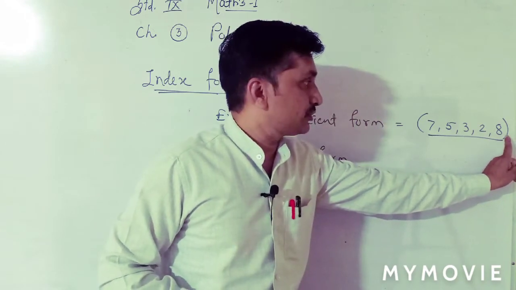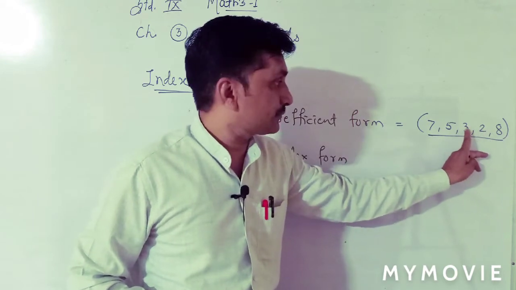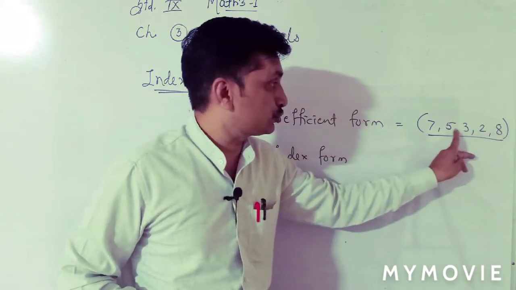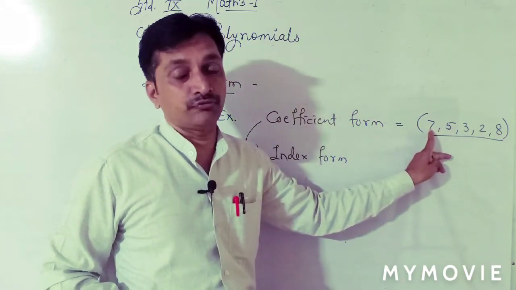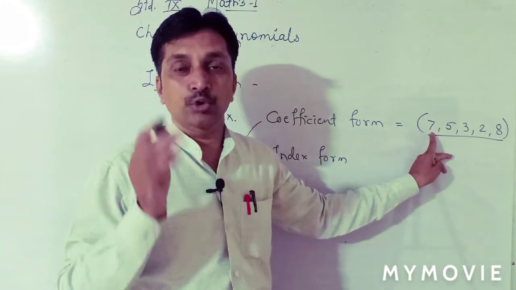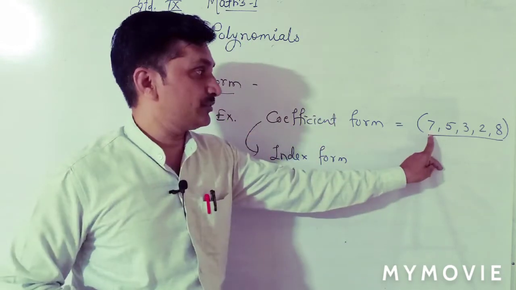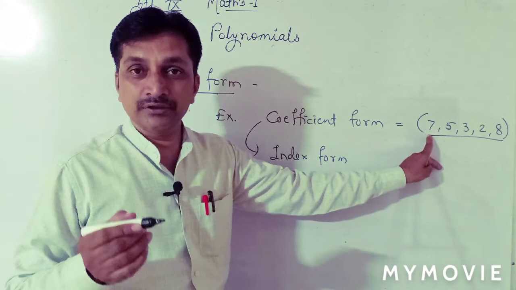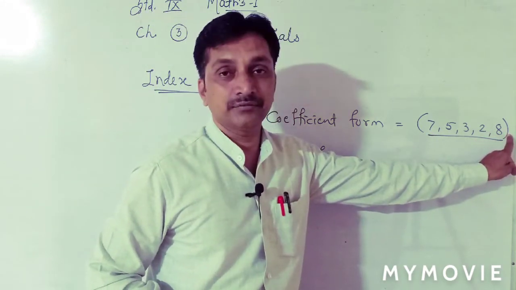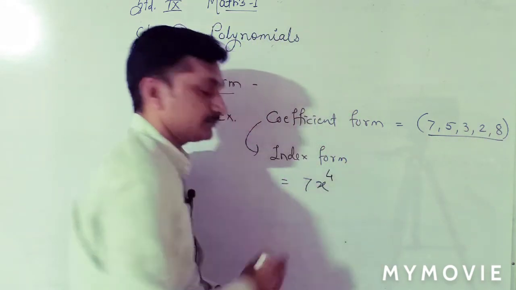Here power 0, here power 1, here power 2, here 0, 1, 2, 3, 4. So we start from power 4, x raised to 4, and take the coefficient as it is. First coefficient is 7. Which variable are we using? x. And what is the power? Start from the rightmost: 0, 1, 2, 3, 4. That's why here power 4.